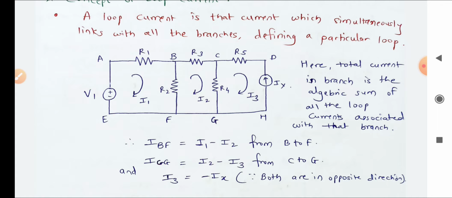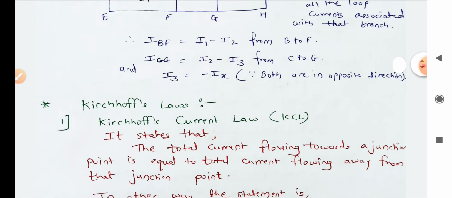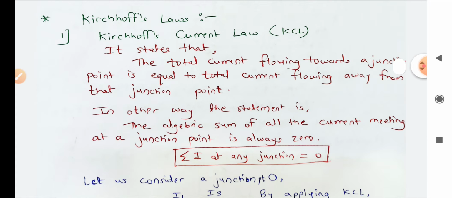So now we'll move towards the basic theorems, that is Kirchhoff's current law and Kirchhoff's voltage law. First is Kirchhoff's current law. Whenever we consider Kirchhoff's current law, it is also called the point law. It states that the sum of the currents directed into any junction in a circuit is equal to the sum of the currents coming out of the junction.